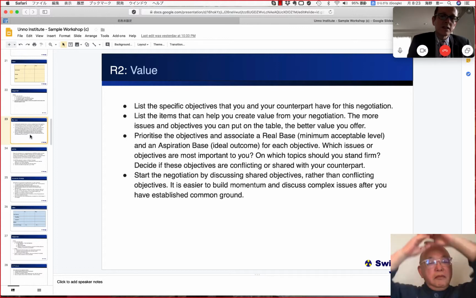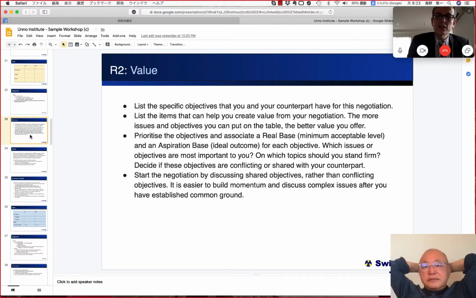So do you understand this idea about exchanging high value items for low value items? So in the case of raw materials, for example, I could say, okay, for me as a buyer, delivery, quantity, and quality are most important, more important than price.